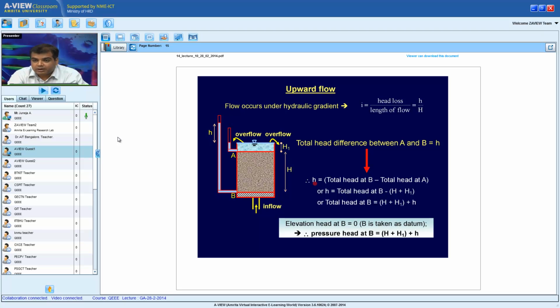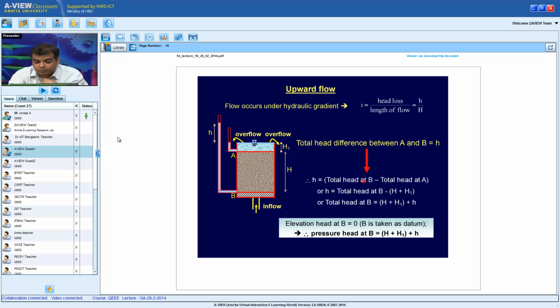Let's come back to this expression over here. I have small h, which is the head difference, equals total head at B minus total head at A. Obviously, B shall have a greater head than A. I'm taking B to be on the higher side.